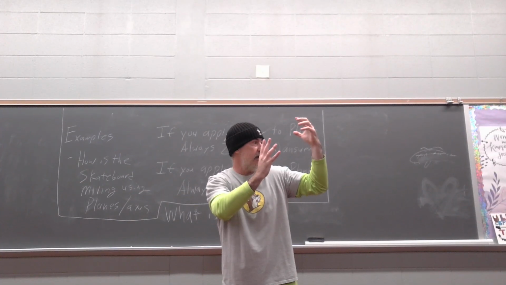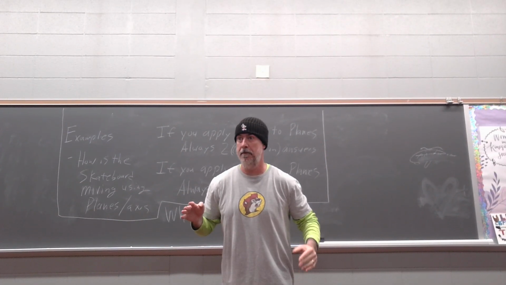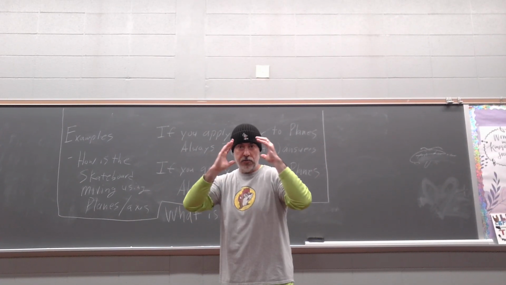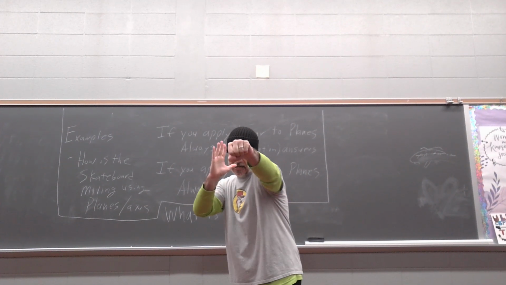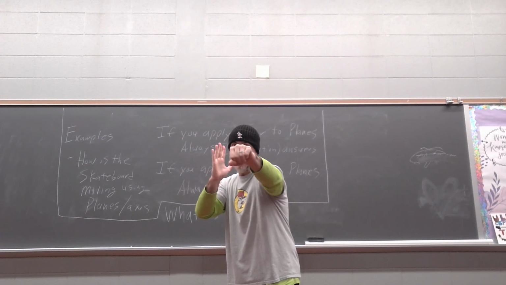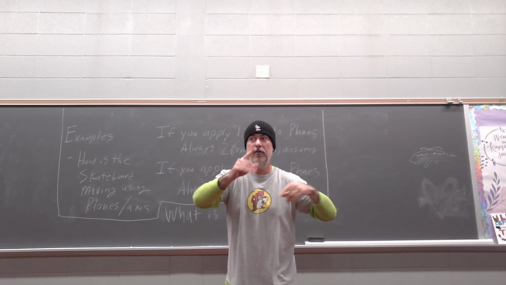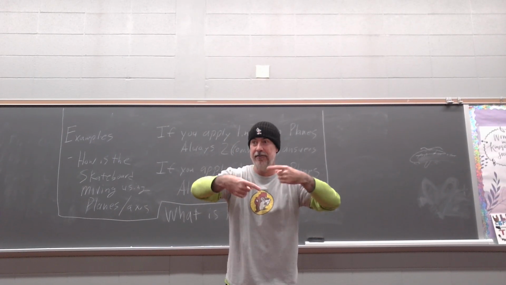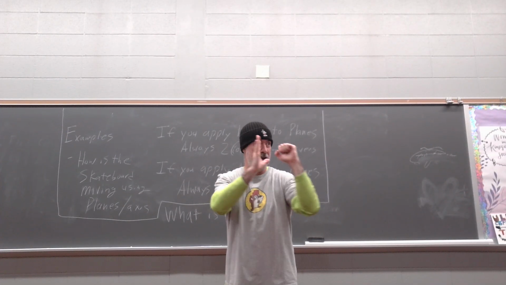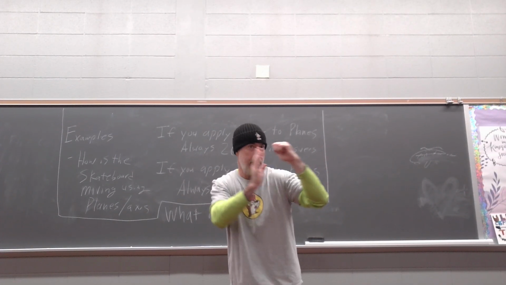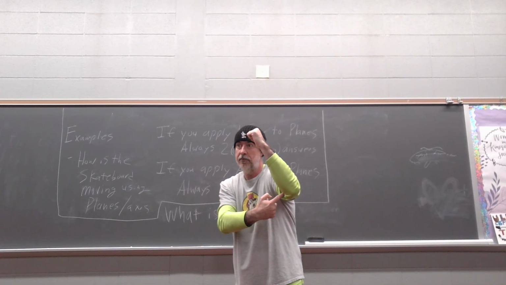It's like my hand is the skateboard. And our brains want to say, how is the skateboard moving? What plane is the skateboard moving? But the skateboard is only moving because the wheels are allowing it to move. So we need to not look at the skateboard. We need to look at the wheels.